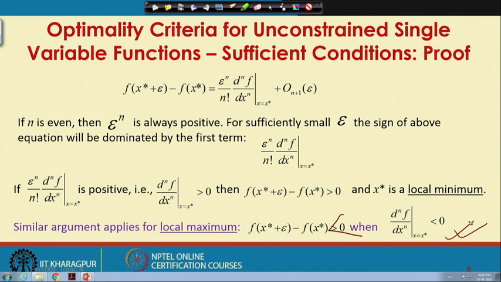So, for local maximum, f of x star plus epsilon minus f of x star is less than 0 and this will happen when the nth order derivative is less than 0. So, this is the sufficient condition for local maximum to occur at x equal to x star.